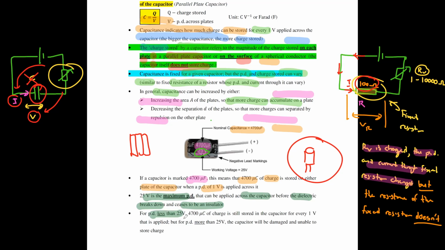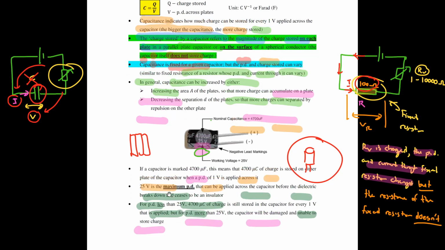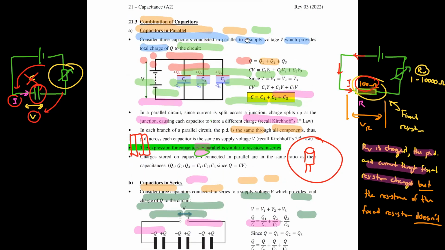At below 25 volts, every 1 volt you apply would still store a charge of 4,700 microcoulombs on one plate of the capacitor. But the moment you apply more than 25 volts, it is no longer a capacitor. It will be damaged and be unable to store charge. Okay, so this is the basics of your capacitor.